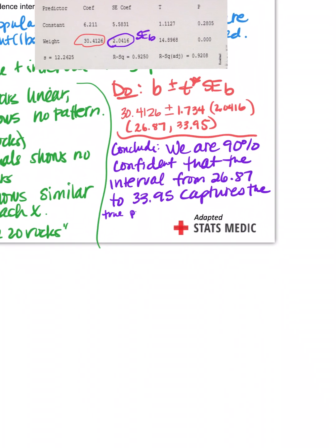True population slope of the LSRL for, and then I'm going to put in my variables: number of balloons and that's my Y, and height. Oh no, not height. I'm sorry, it's weight, isn't it?